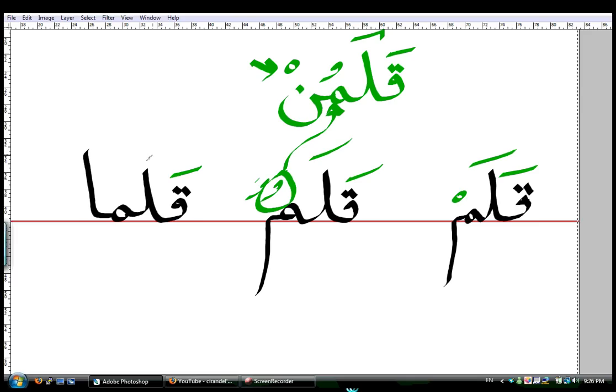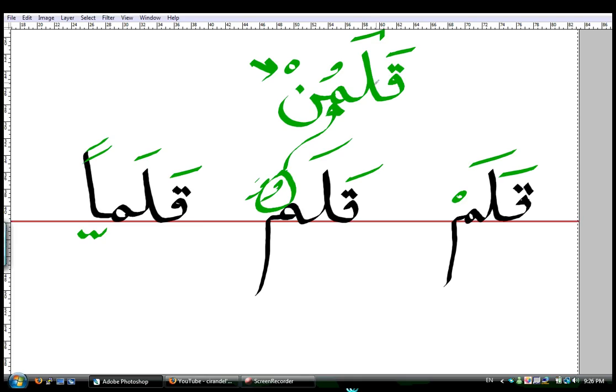So we can also say qalaman. Whenever we put double fatha, we have to add an alif. But there's also always a special case which I might cover later.